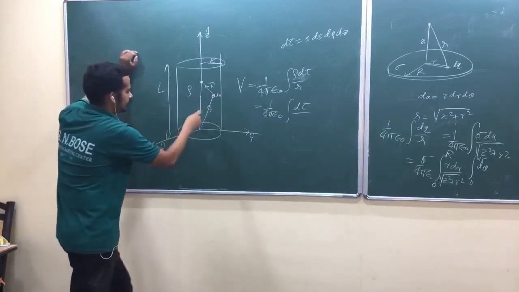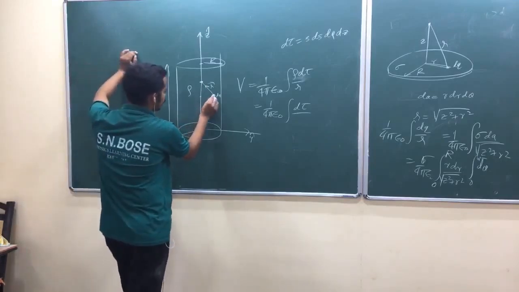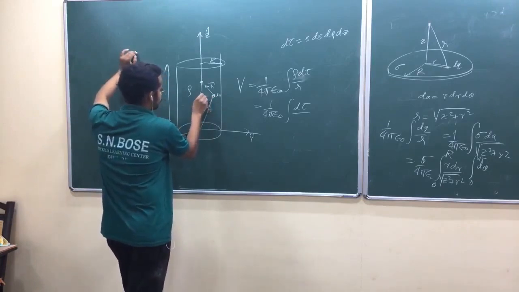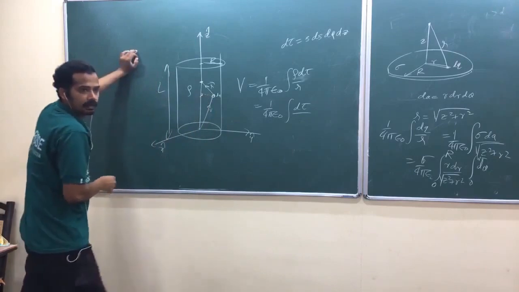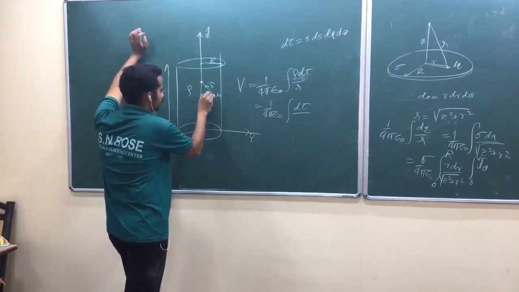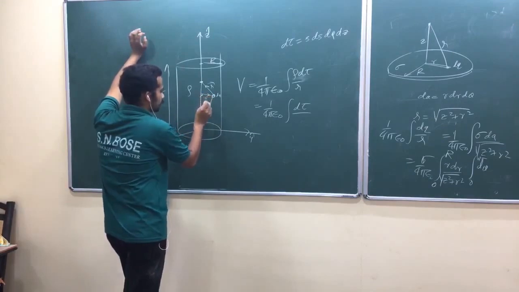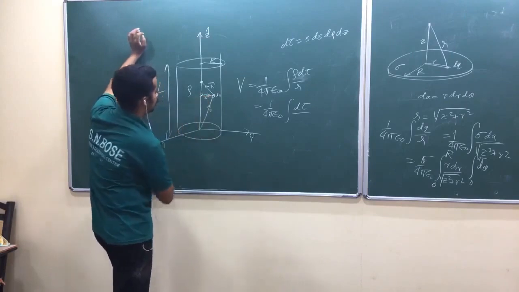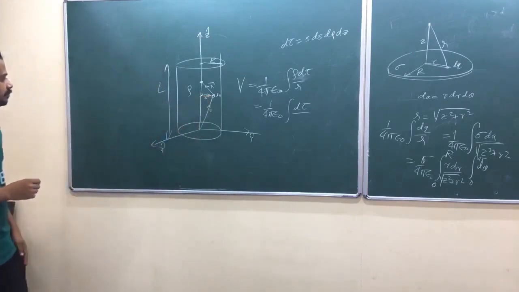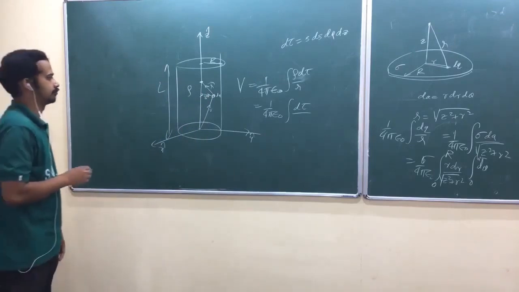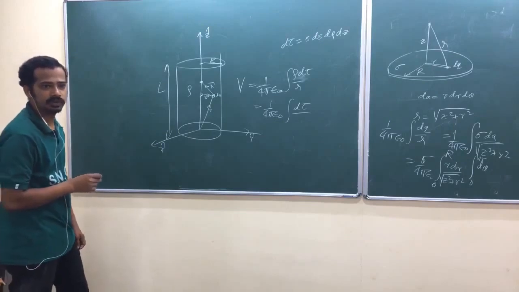Wait a second, this is not needed. Let me argue like this. Let me draw one perpendicular to this one. Let me take this one as the S vector. Can I take that as the S vector? No, you need something else, isn't it?